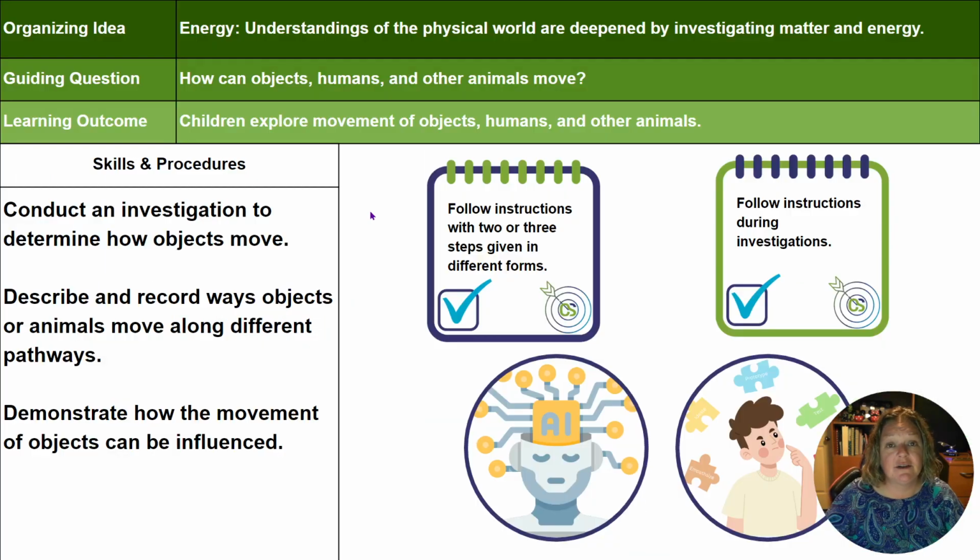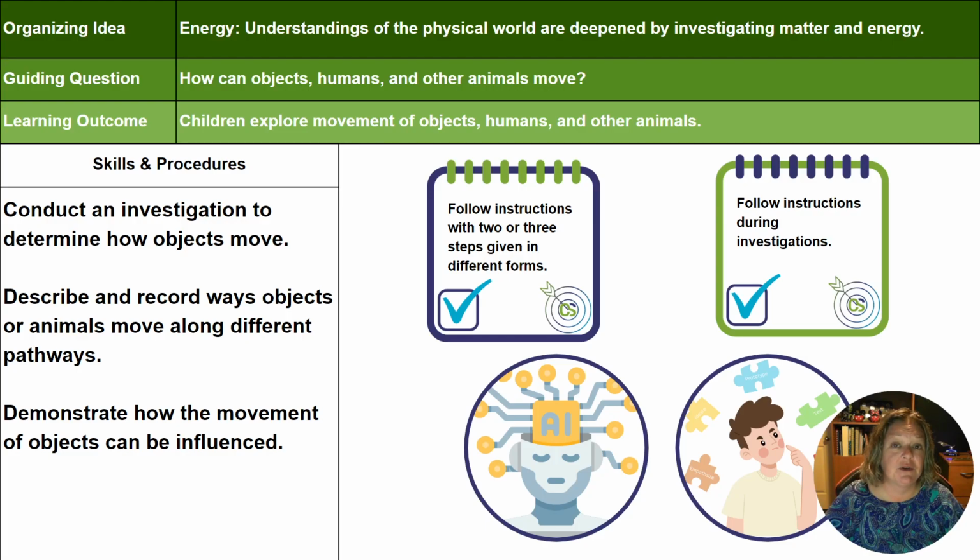When we're asking students to conduct investigations, describe or record observations or information, or to demonstrate something, you have these opportunities to give them the instructions in different ways so they can complete their science investigations, but also work on this skill and procedure from computer science about following instructions in different forms.